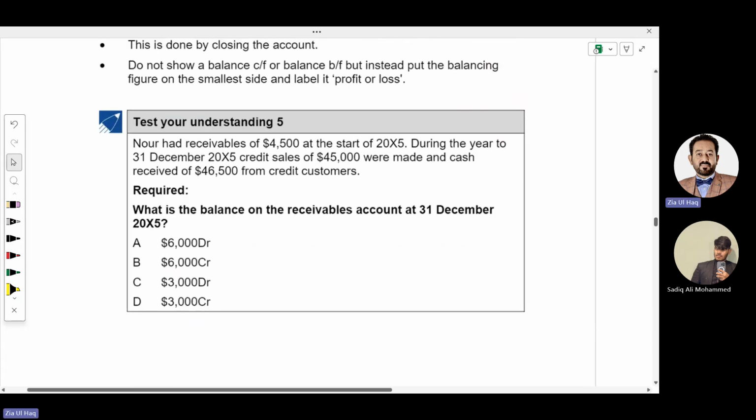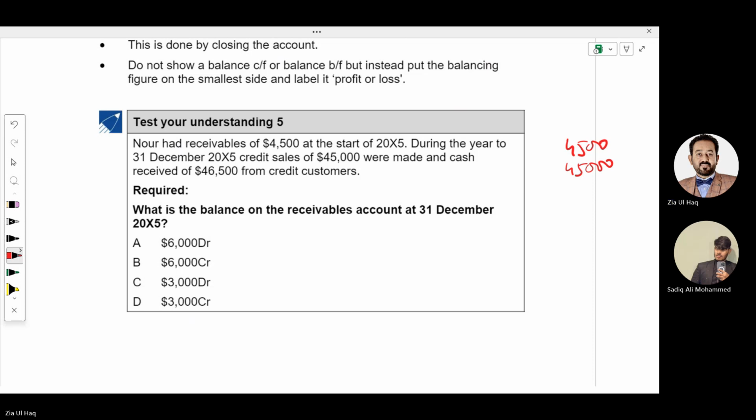Noor had receivable of 4,500 at the start of 20x5. During the year to 31st December, credit sales of 45,000 were made and cash received of 46,500 from credit customers. Receivable balance was 4,500 at the start. He made a sale 45,000.